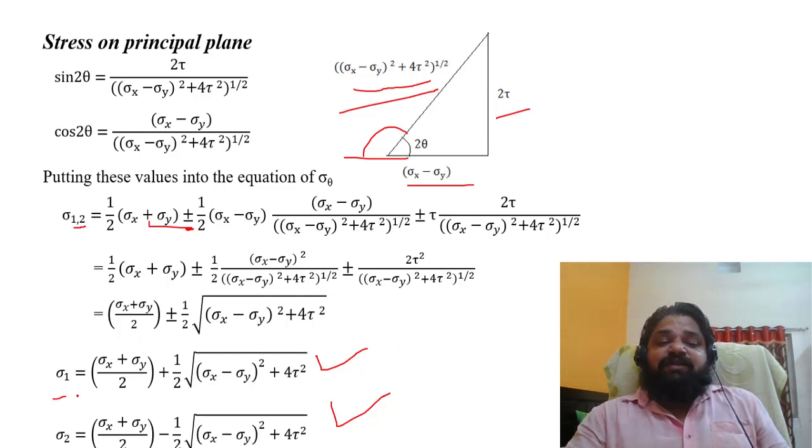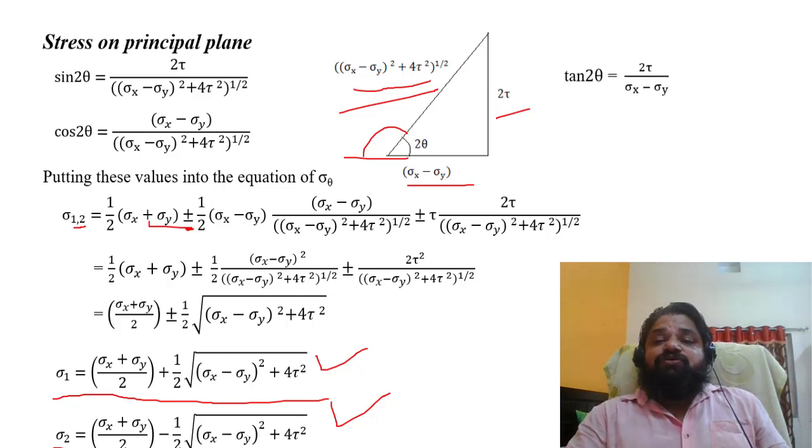The maximum principal stress generated on an inclined plane is this much, and the minimum principal stress is this much. I believe these are the steps by which we can mathematically calculate the principal stresses and the corresponding principal plane.